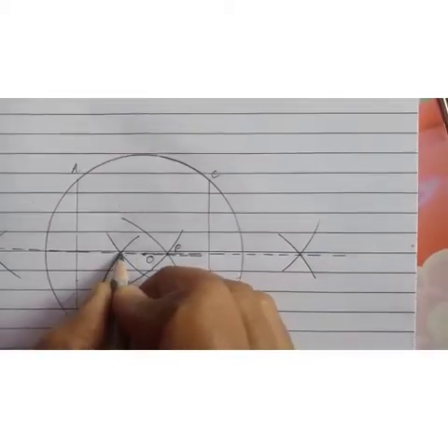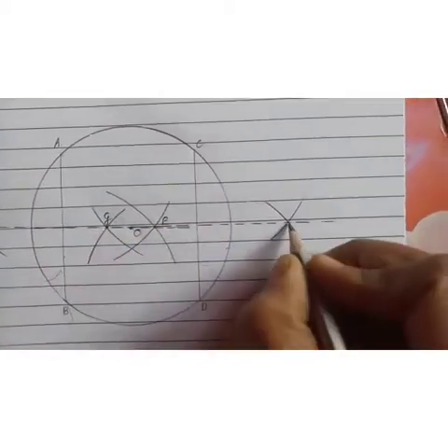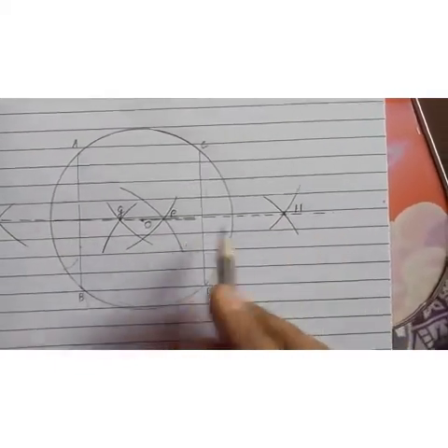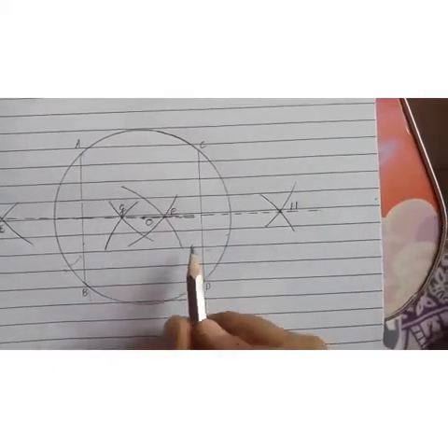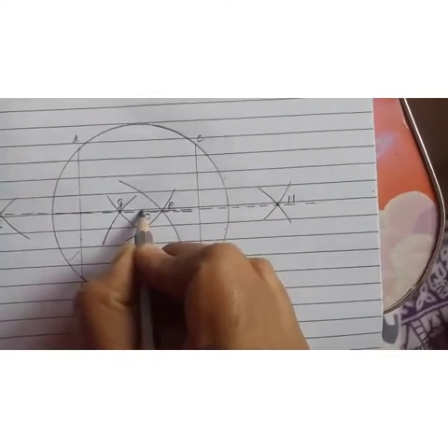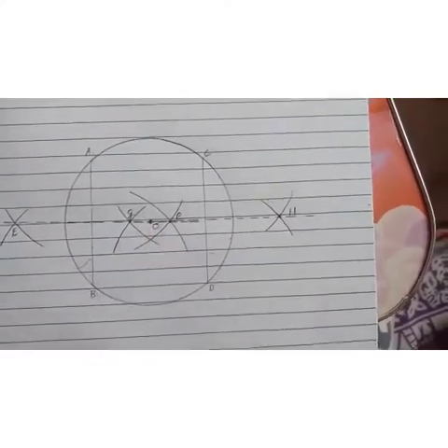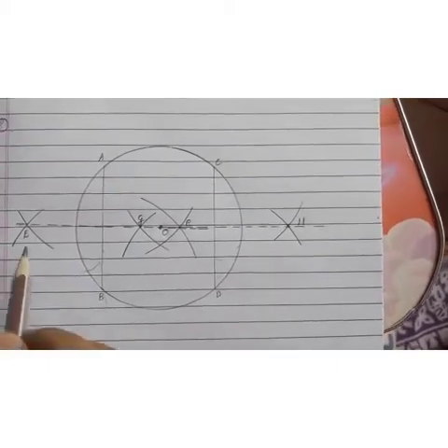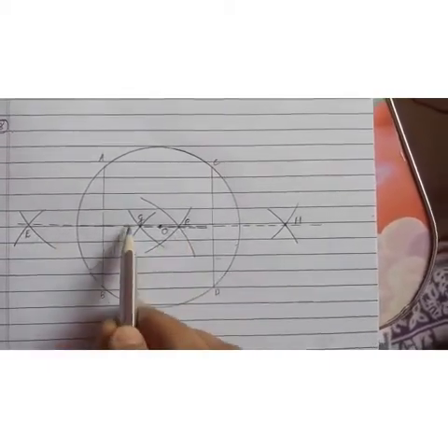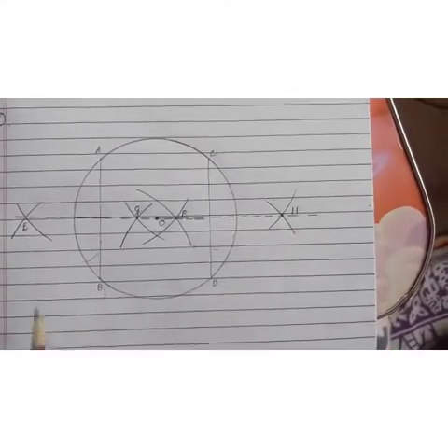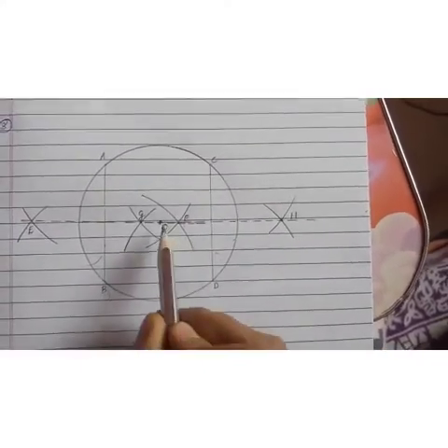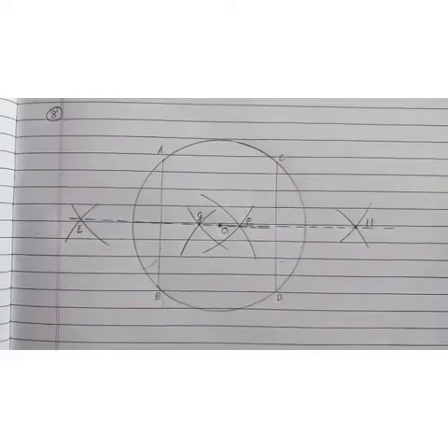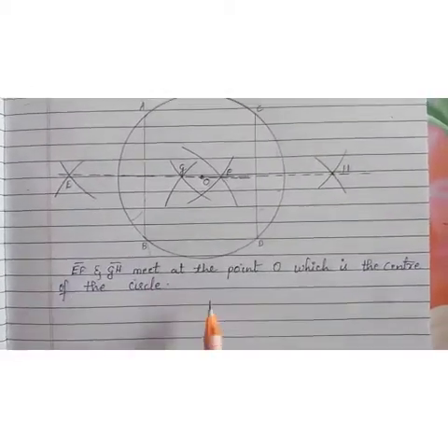I will name this point G and this point H. When you observe both these lines, where are they meeting? They are meeting at the center point O, isn't it? So you write, EF and GH meet at a point O, which is the center of the circle. So write the statement like this.